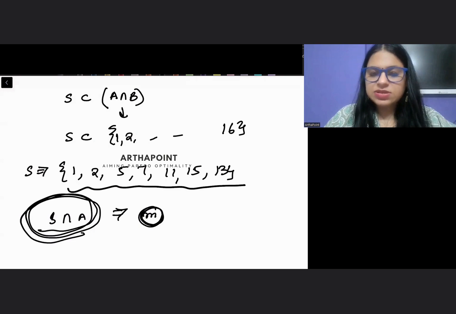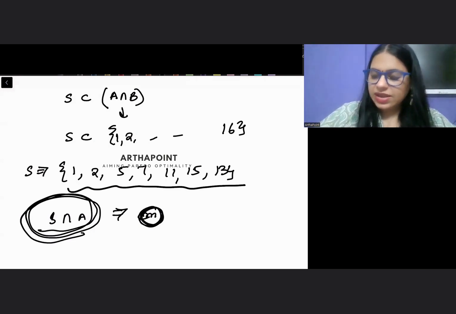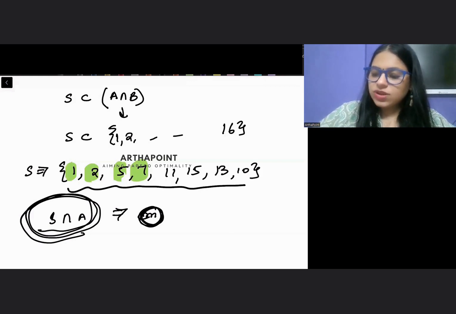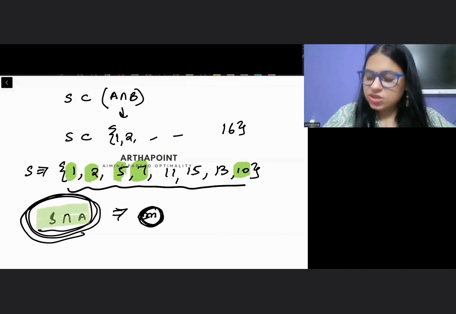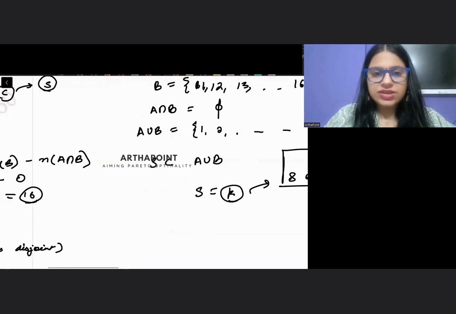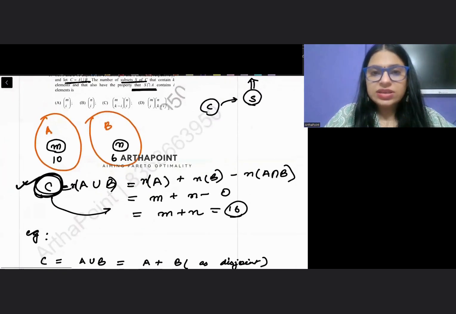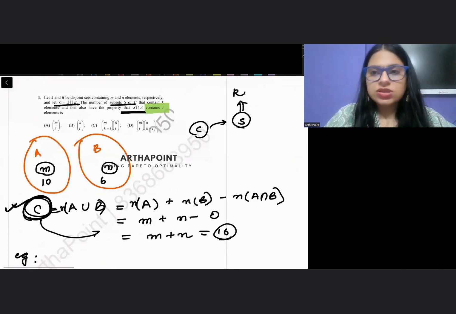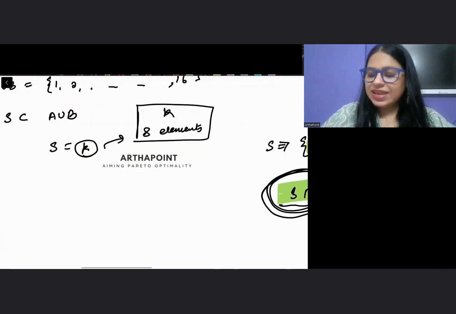I will get some elements from those M elements. Like A had 1, 2, 5, 7. I can clearly see this, right? So suppose I just write here another number. Say I write here 10. So we know that these elements 1, 2, 5, 7, 10 are the elements of A. So if I were to do its intersection with A, then it tells me that in the intersection with A, you will get I elements. So in this case, you notice that K is 8.